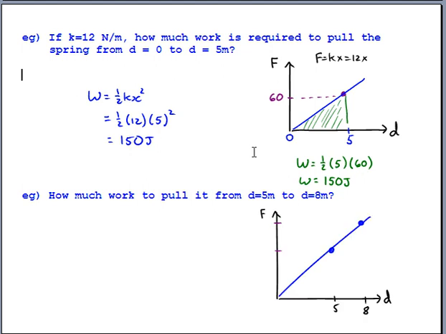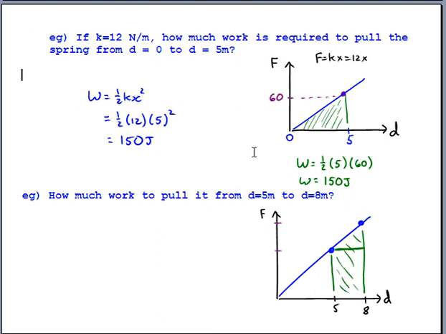Okay, so the picture now looks something kind of like this. We have to find the shaded area there from 5 all the way out to 8. And it's no longer just a nice innocent little triangle with its lower left point down at the origin. It's now some interesting trapezoid. As long as you find the area of that trapezoid, we're totally fine, right? And I want to suggest to you that there are a couple of options for doing that.